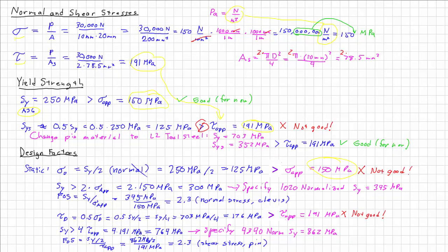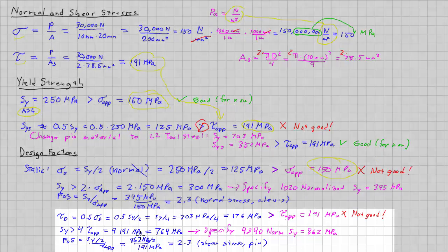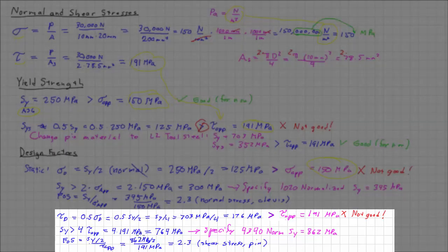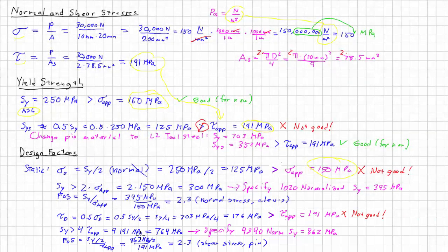And the same thing happened with the yield strength in shear. We ended up changing the material again because of the added design factor. Finally, we calculated the factor of safety for both of them, making sure that we had over a 2 factor of safety because our design factor itself was 2. We wanted to have at least that.